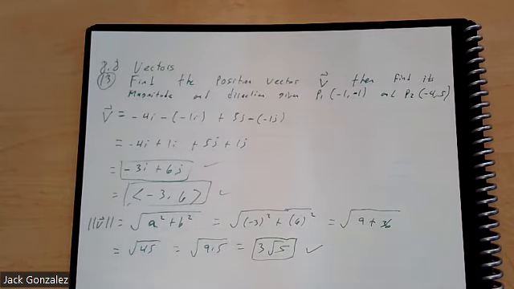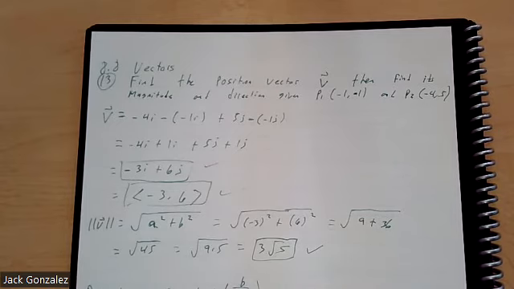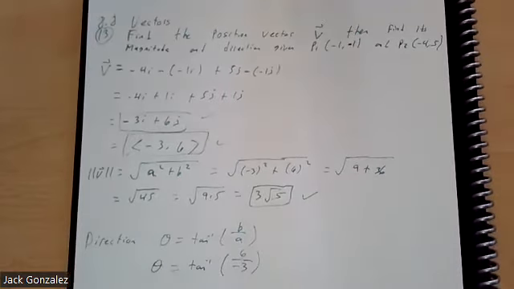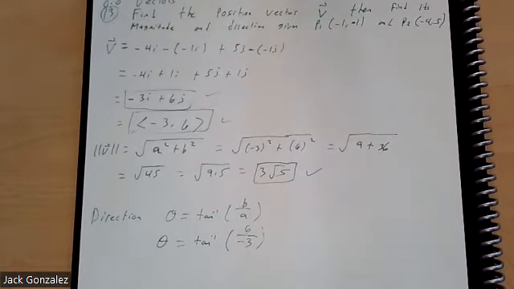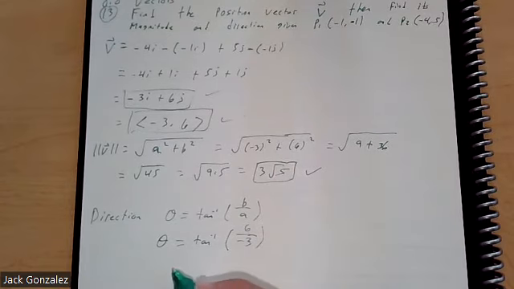Okay. Direction. Direction theta is equal to tan inverse of b over a, which will be, in this case, 6 over -3. That gives me -63.4. So now we got to figure out, okay, what quadrant are we in? What quadrant is this?